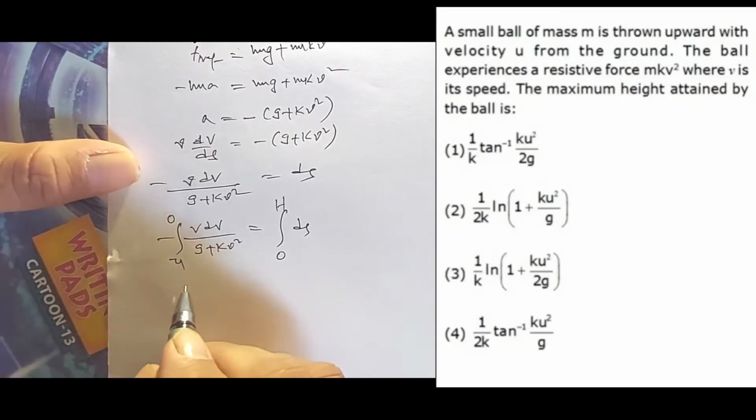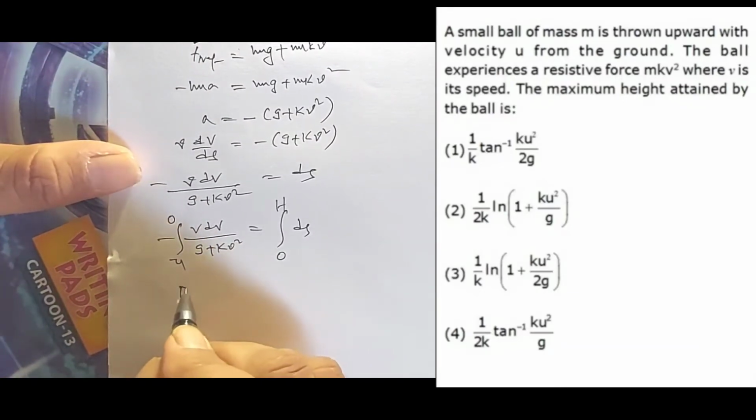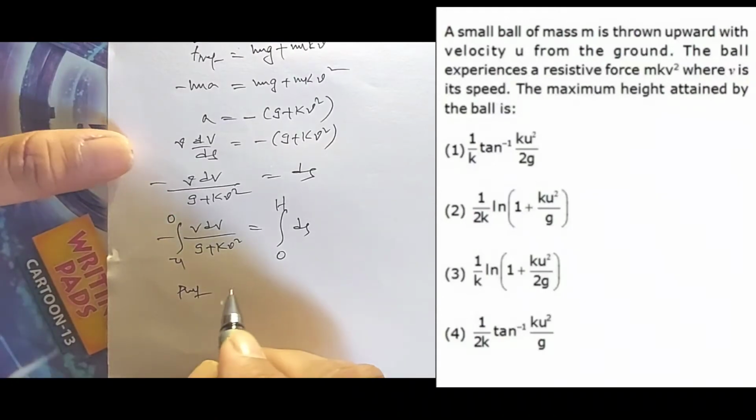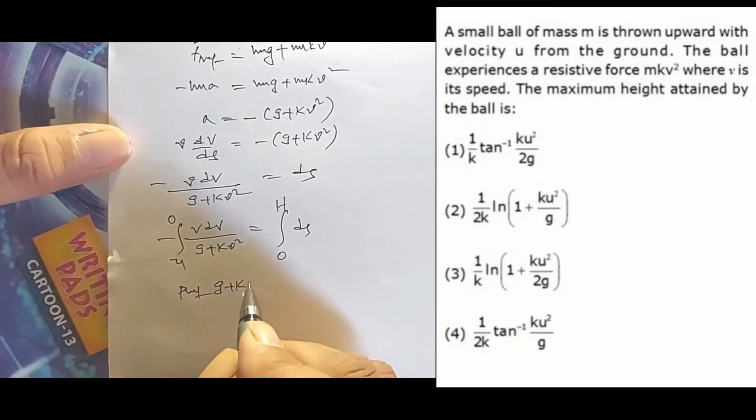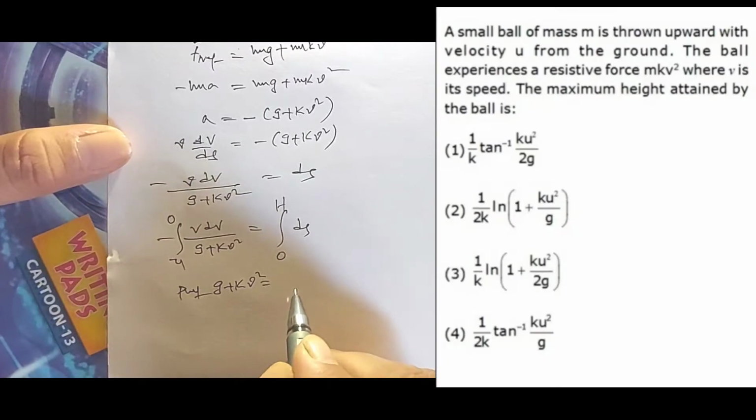So how do we integrate the above equation? Put g plus k v square is equal to t.